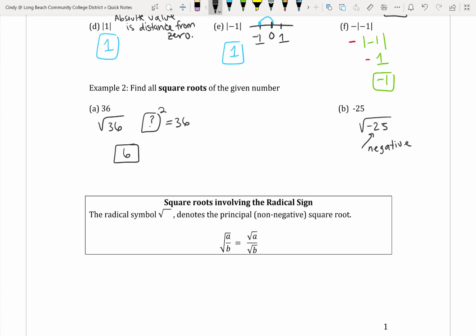So, depending on your homework, you can either say that this is going to be no solution, or if we have talked about imaginary numbers, then we can say that it's 5i. It just kind of depends, but I believe this is going to be no solution.